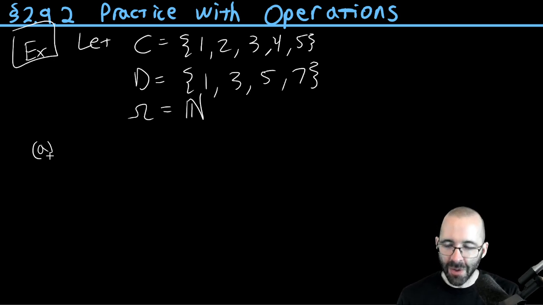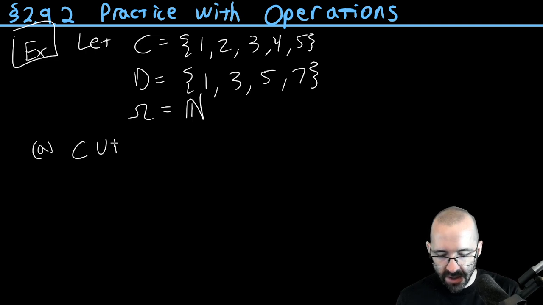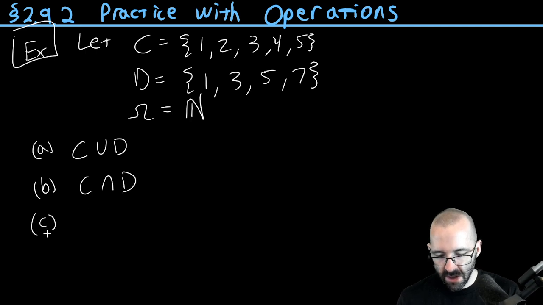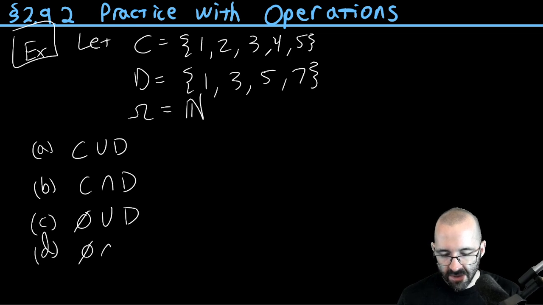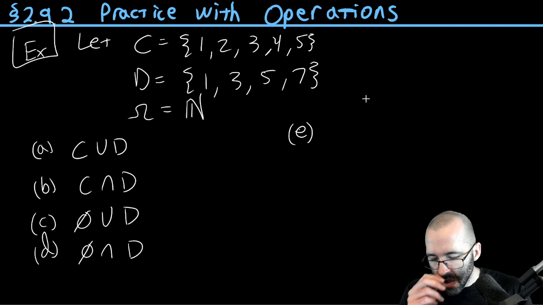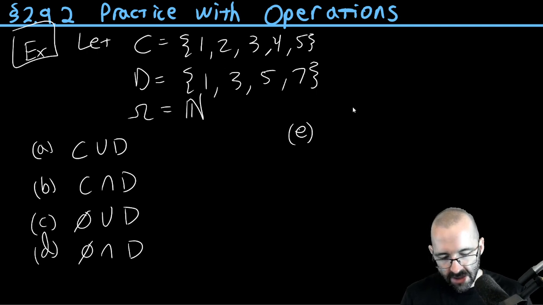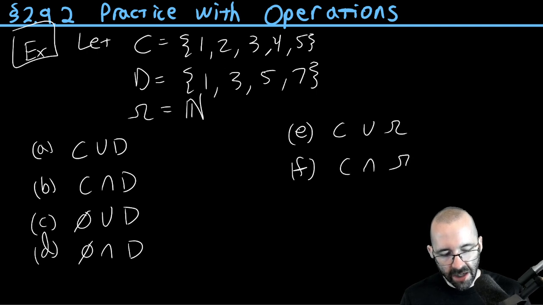Anyway, what do we got here? So I want you to find out what is C union D. What is C intersect D? What's the empty set union D? What's the empty set intersect D? What is, let's see, C union omega? C intersect omega?